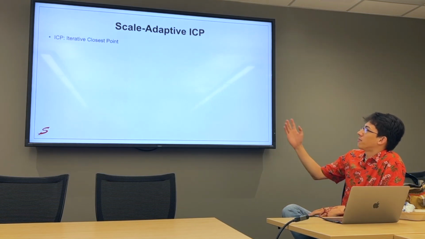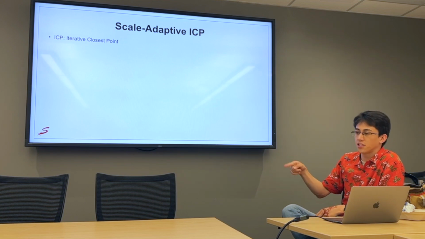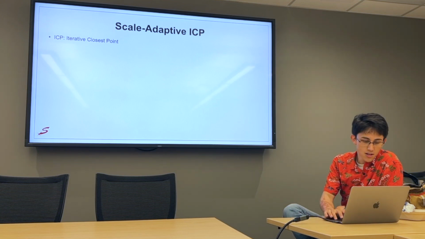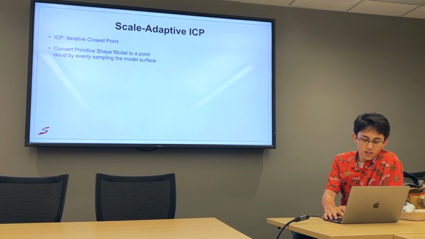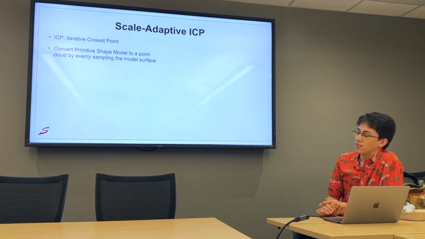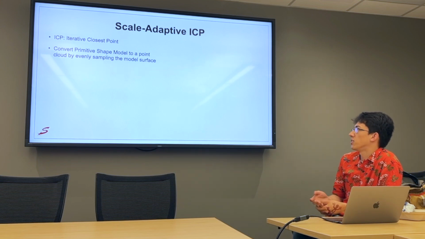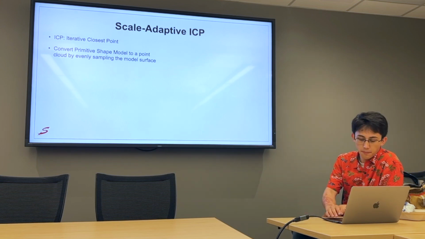Scale adaptive ICP is just a variant of that which also considers the scale factor. ICP takes two point cloud model inputs typically. We can convert a primitive shape model to a point cloud pretty easily by just evenly sampling the surface.